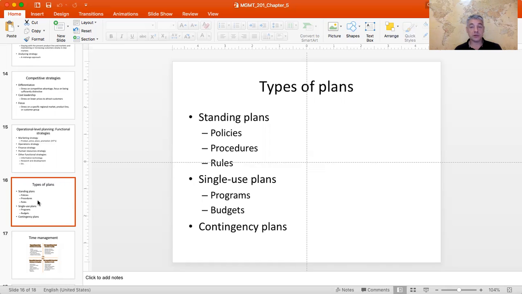Single-use plans are something different. They have to do with unique situations. So again, for instance, you decide to build a new plant somewhere in Arizona. That is a one-off project, and those typical rules and policies would not help you much. You have to develop a plan that is tailored to that specific project.